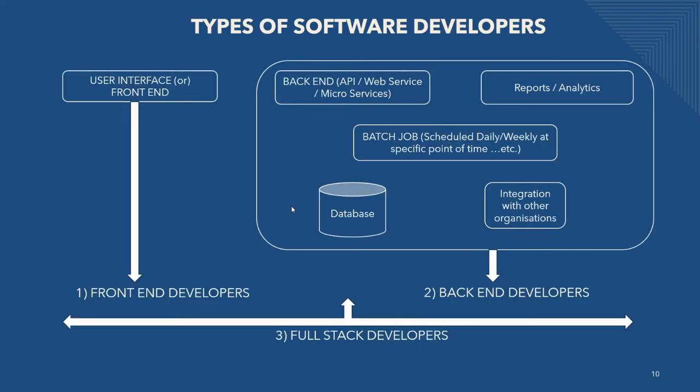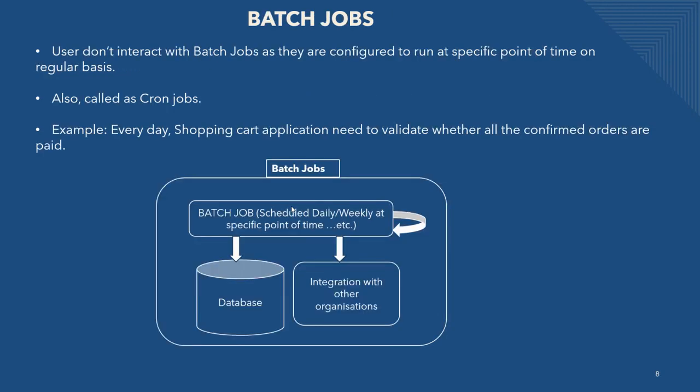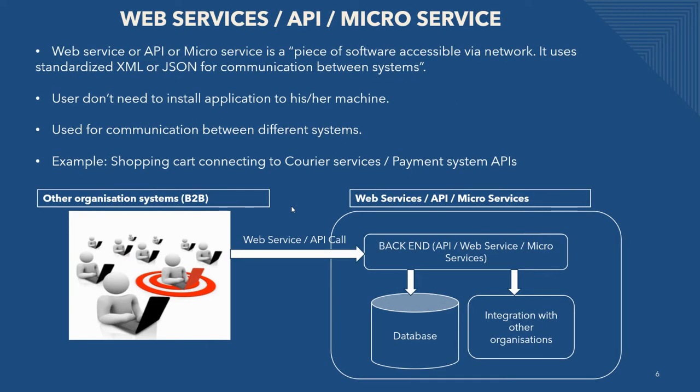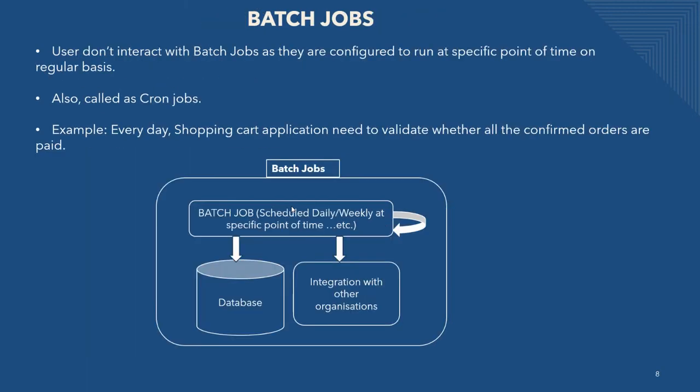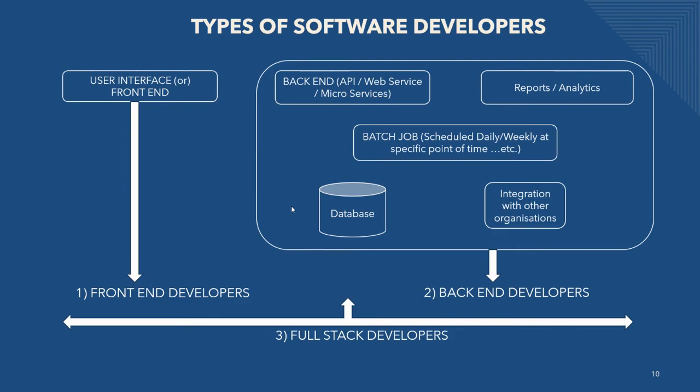So far we have discussed different types of web applications. Every web application requires developers to do certain special jobs, right? As you see, there are three types of software developers to start with: front-end developer, back-end developer, and full-stack developer.